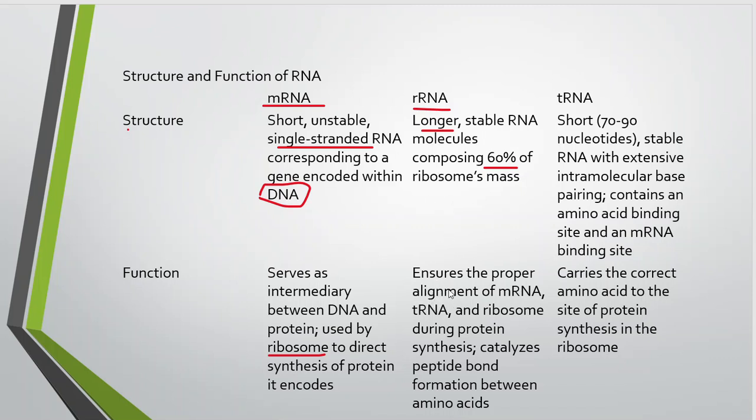This guy is going to make sure that the mRNA lines up correctly and that the tRNA is going to line up with the mRNA in the right order in the ribosome, and he's actually going to be the one doing that dehydration synthesis that is going to result in a peptide bond between these two amino acids.